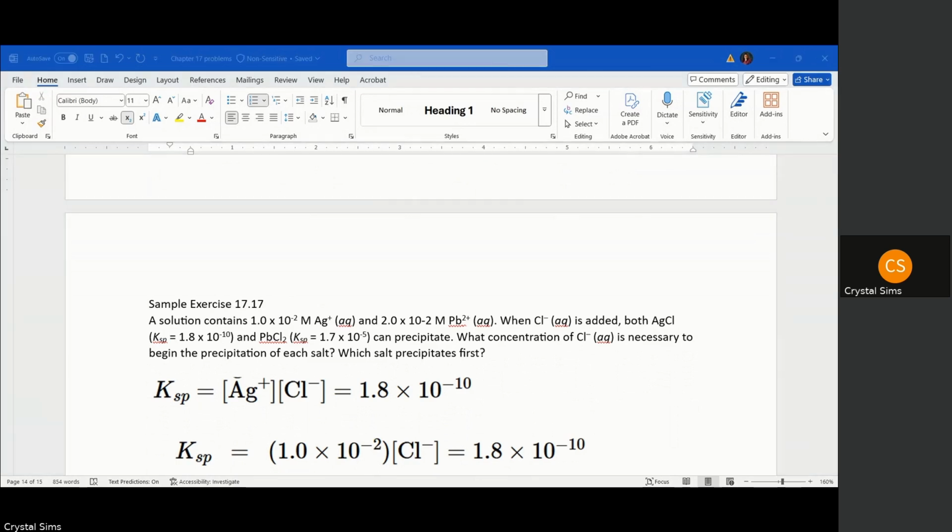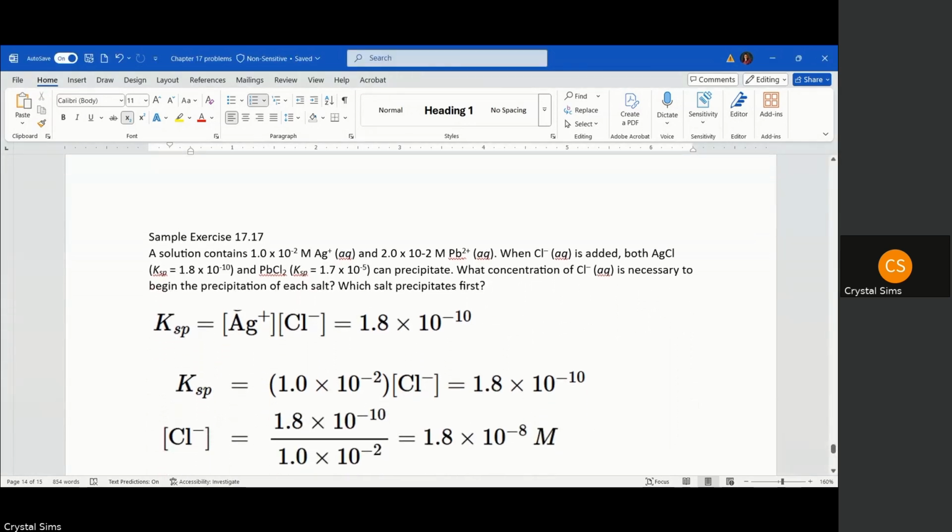So then we need to solve for chloride ions, and when we do that, what we find is that we need 1.8 times 10 to the negative 8 moles per liter of chloride ions to cause a precipitate to occur here. So any chloride in excess of this amount is going to cause silver chloride to precipitate.